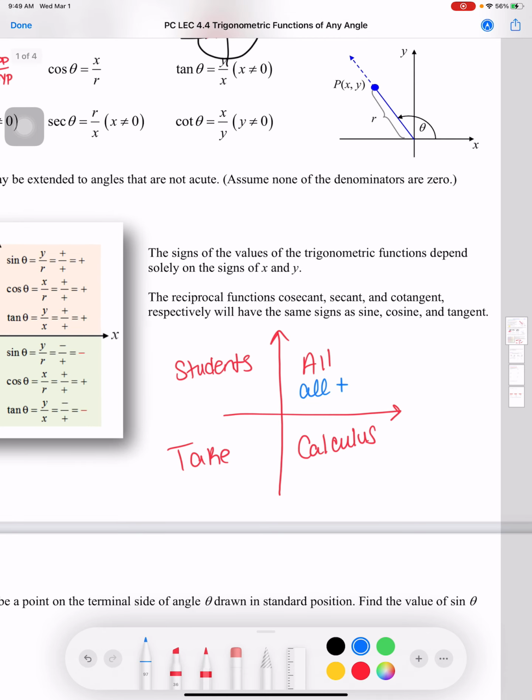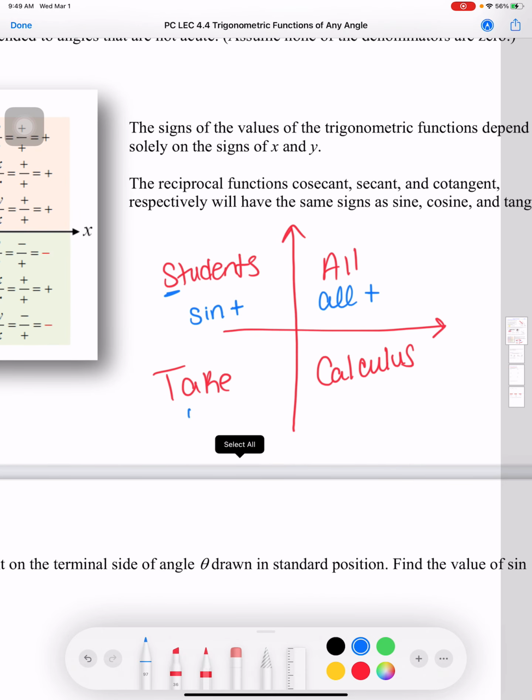Students begins with an S, which lets me know that sine is positive there. Where it says take, that is where tan is positive. And where it says calculus, that is where cosine is positive. You can write that down, and that would be good to have for your notes.